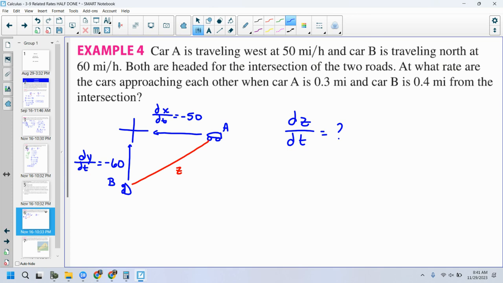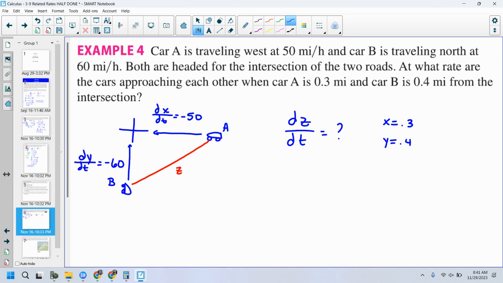Now, when do we want this thing to happen? I'm saying, in terms of miles, at what moment do we want this thing to happen? We want this thing to happen when x is 0.3 and when y is 0.4, right? Car A is 0.3 miles and car B is 0.4 miles.